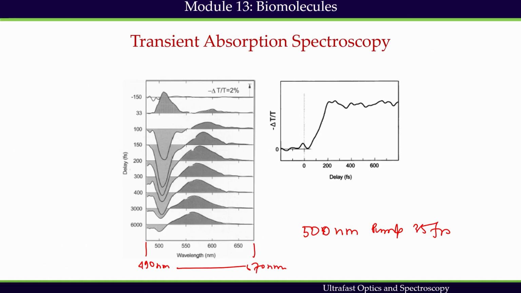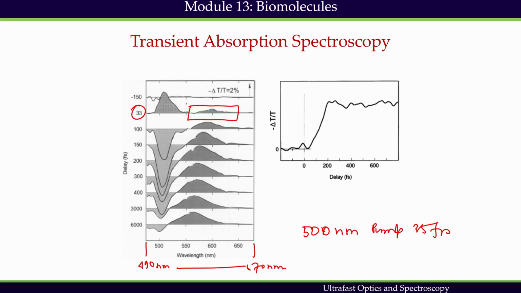At the 33 femtosecond delay time, the difference absorption spectrum consists of a very weak absorption between 550 and 620. So in this regime, we have very weak absorption.